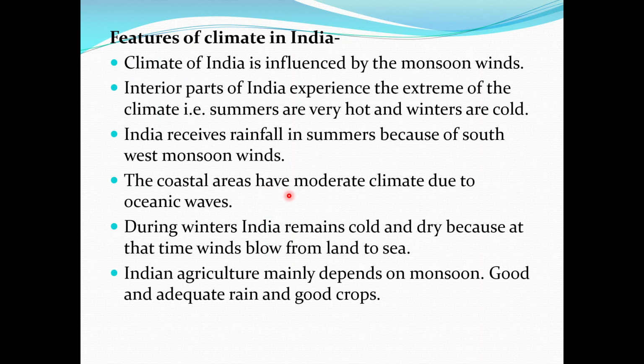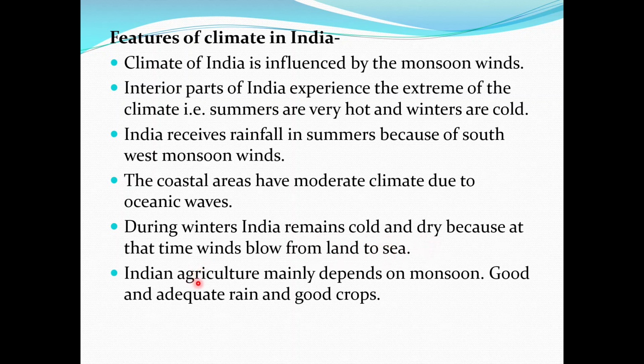The winds coming from the sea to the land give them a moderate climate. And during winters we have cold and dry winds, and the winds go from land towards the sea. So in winters we have a cold and dry climate.